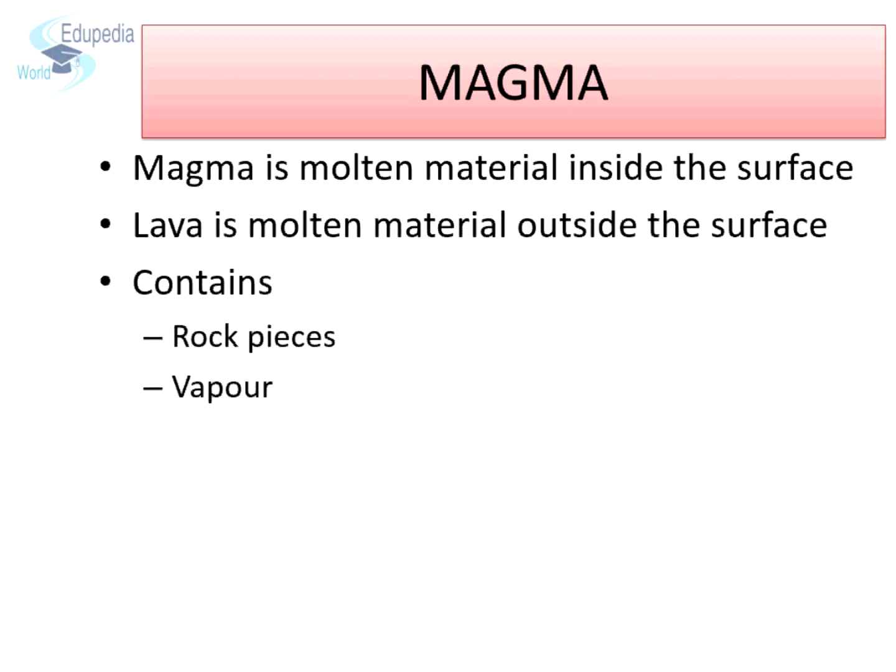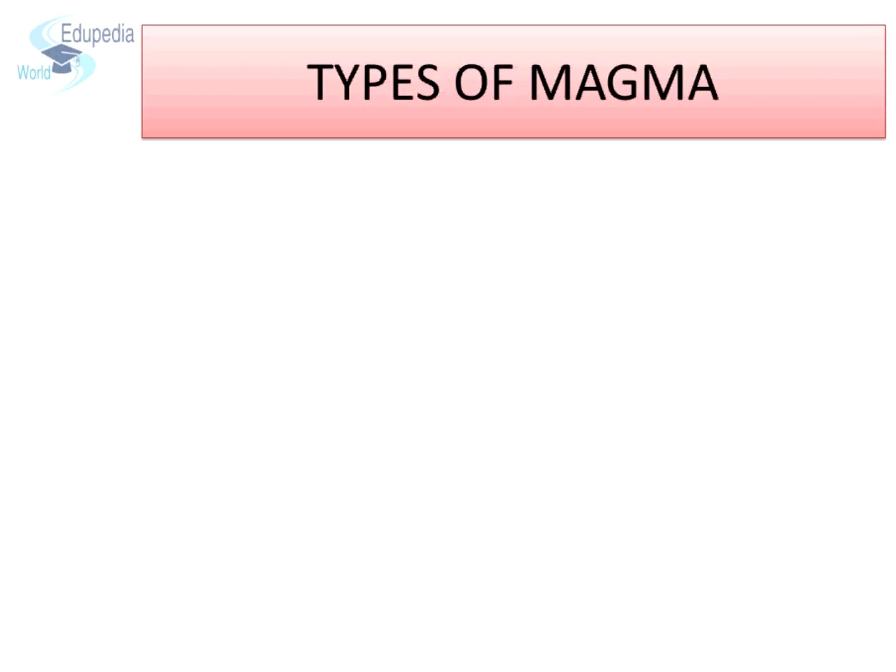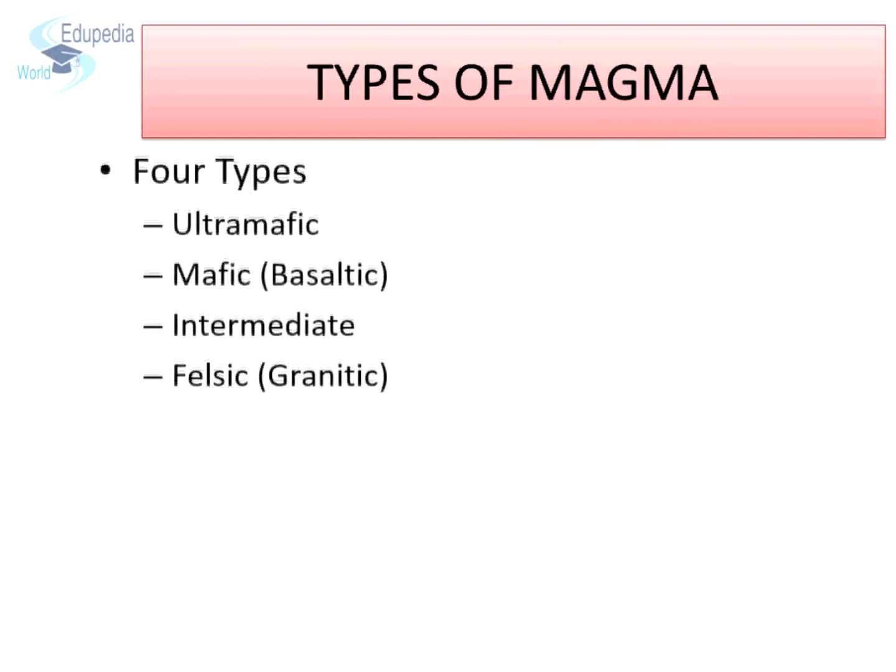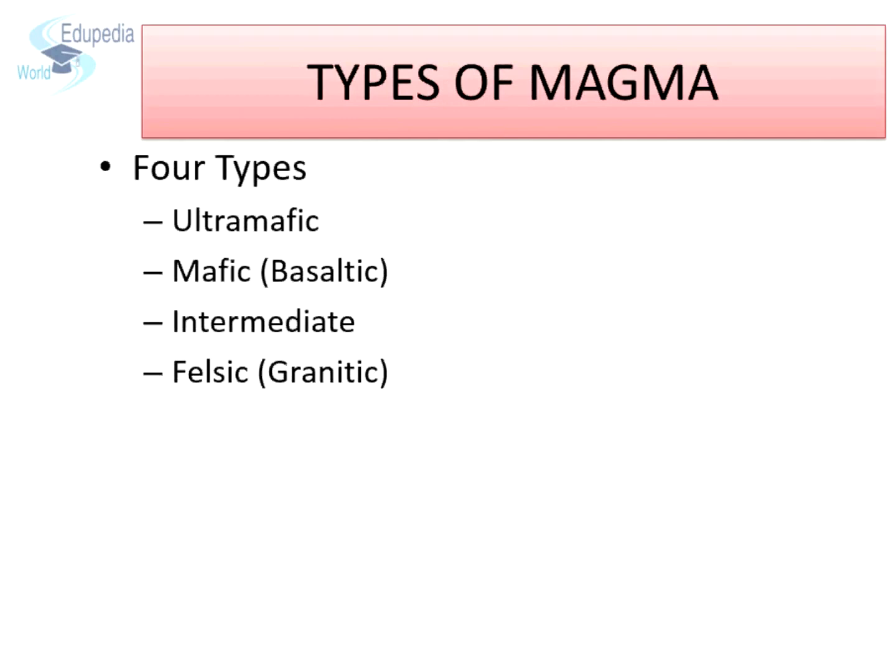Based on chemical composition, 4 different types of magma exist: ultramafic, mafic, which is also known as basaltic, intermediate, and felsic, which is also known as granitic.